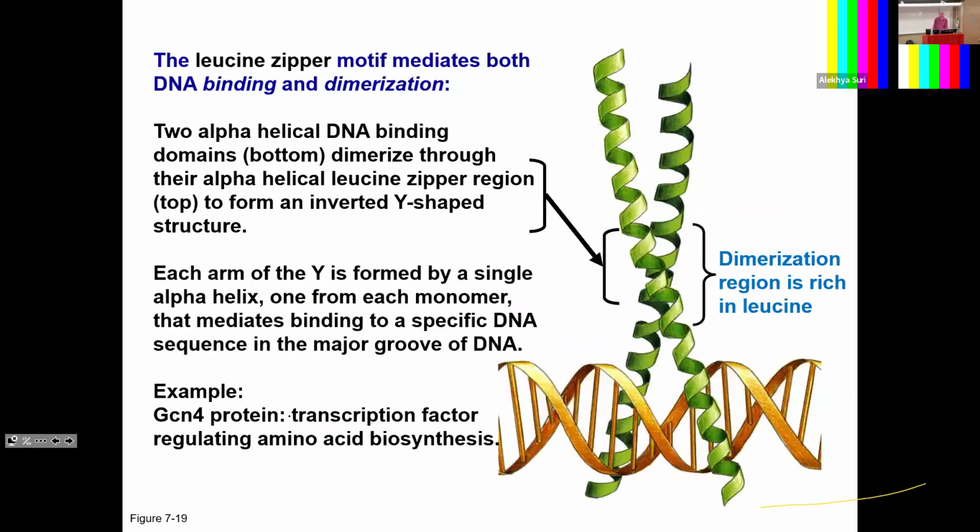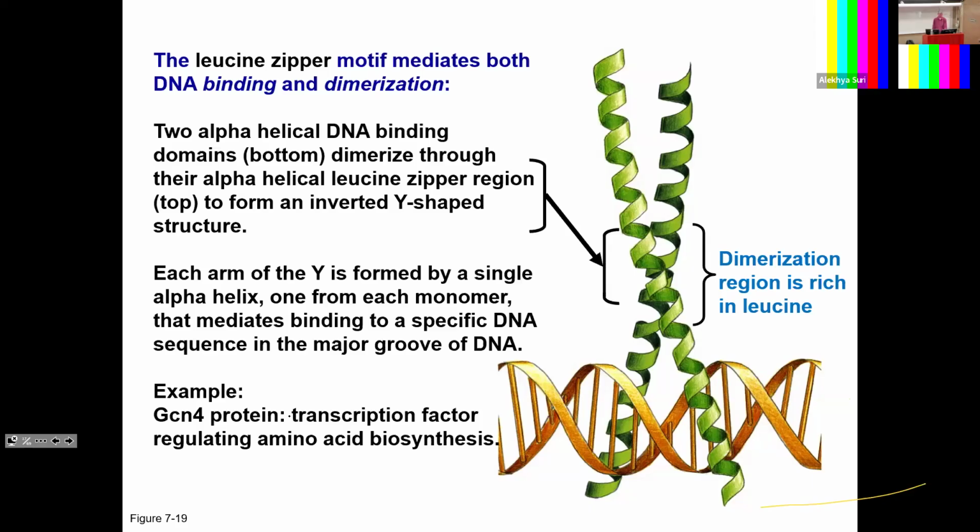Another example is leucine zipper, which means that there is an area rich in leucine amino acid, and that causes also dimerization of the two proteins.